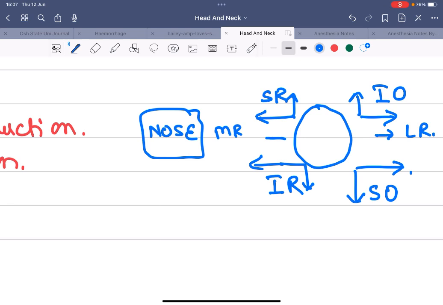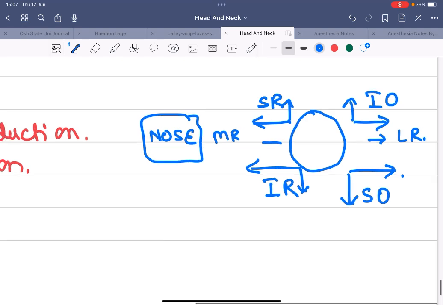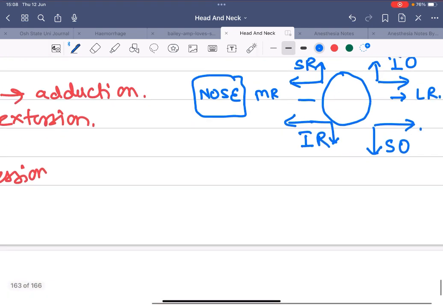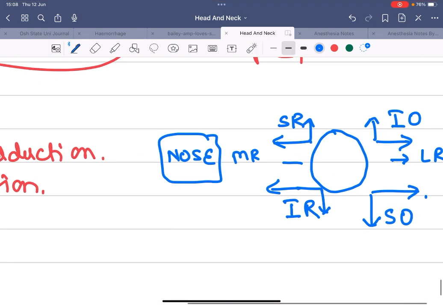Okay, so it will rotate the eyeball medially and upwards. Superior rectus muscle. Now see here, superior rectus muscle. What is the action? Raises the cornea upward and medially. So see here, this is our superior rectus muscle. It raises the cornea upward and medially. Done.